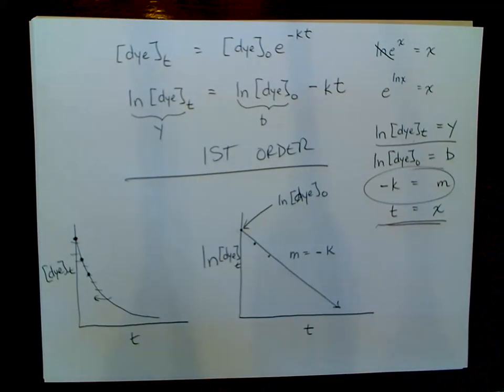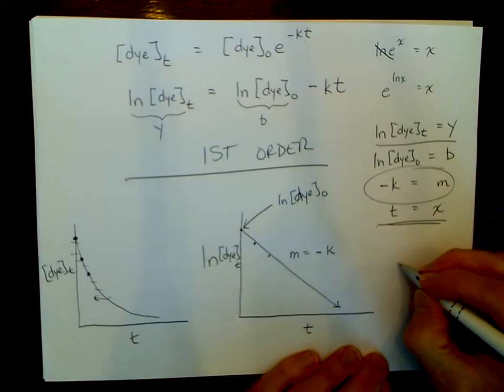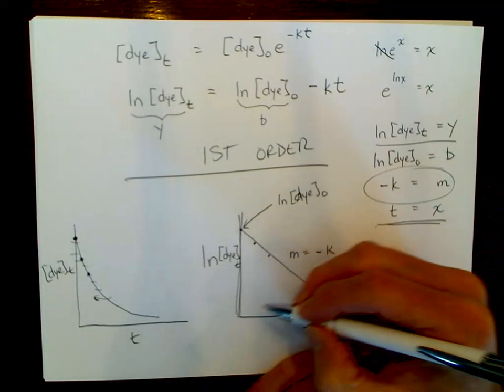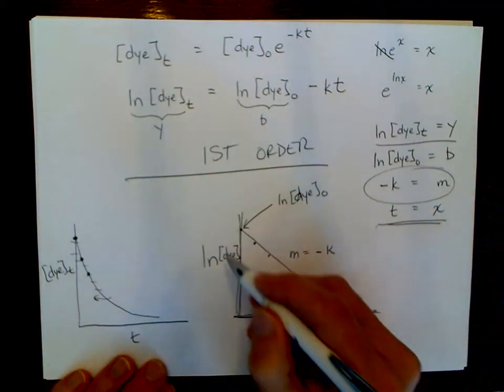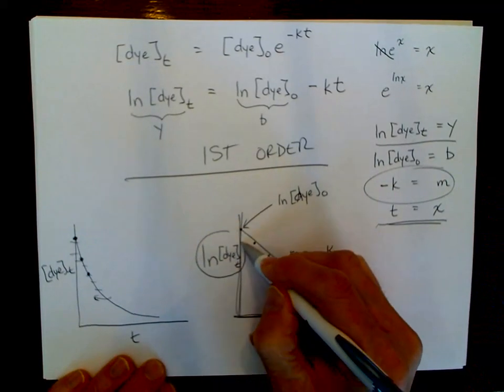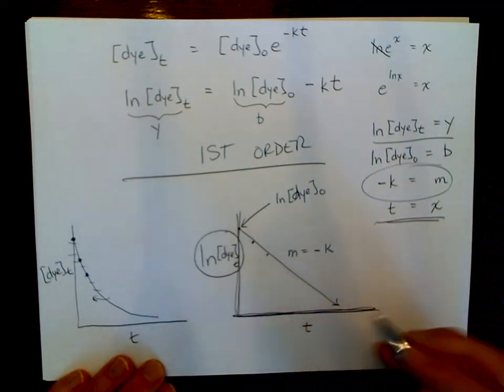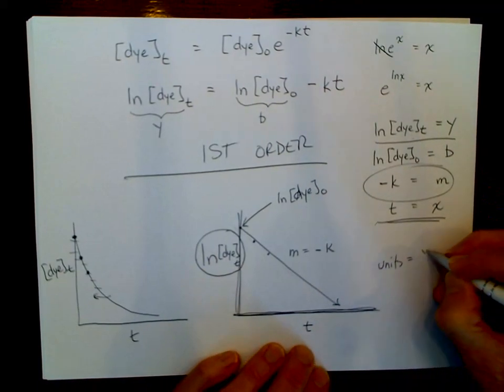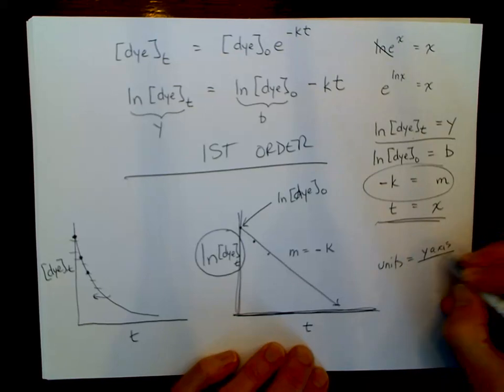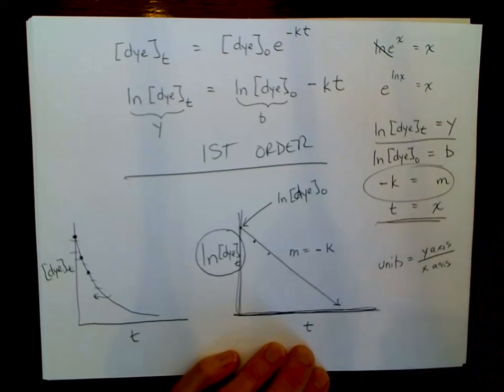And if we want the units of our slope, that's going to be the units of the y-axis divided by the units of the x-axis. The way it works is, anytime you take the natural log of something, it should have no units. So my units are going to be the y-axis units divided by the x-axis units, because that's my slope.